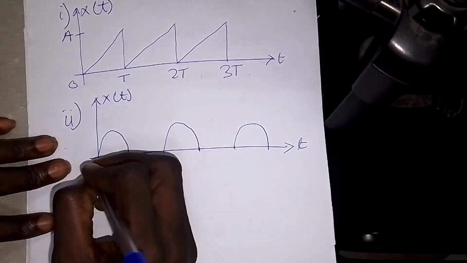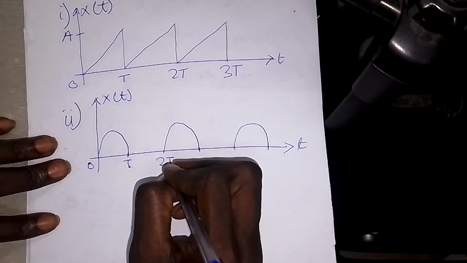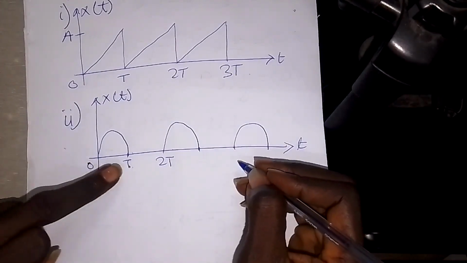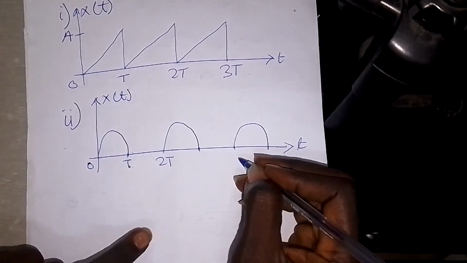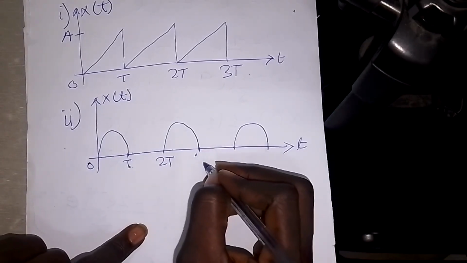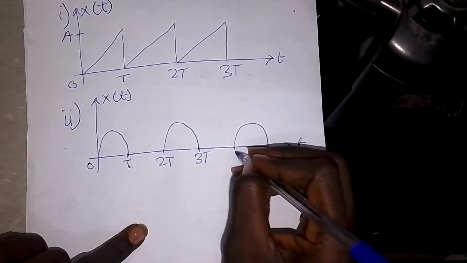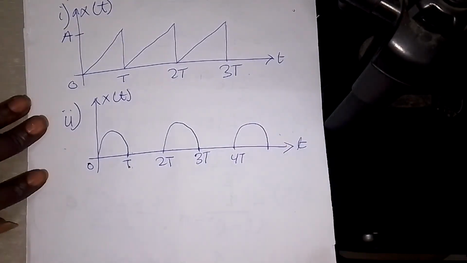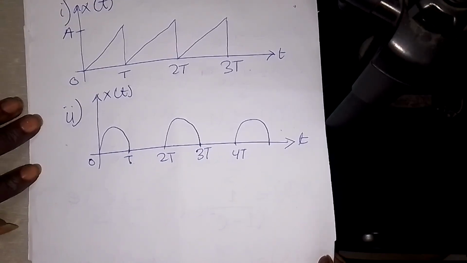So here we have 0, T, 2T, then T, 2T, and then let's say 3T, and then let's say 4T, and then it goes on and on. So these two signals, please find their Laplace transforms.